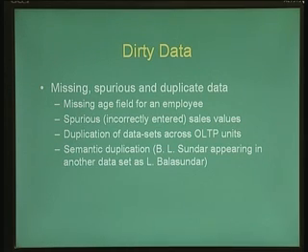The same person would have gone to a different reservation center and bought another ticket at some other point in time, citing his name as B. L. Sundar, with the same address and the same phone number, and we should be able to detect such semantic duplication. That is, there is duplicate data occurring in different data sources, but not in the same form. The name has changed, but semantically there are still duplicates.